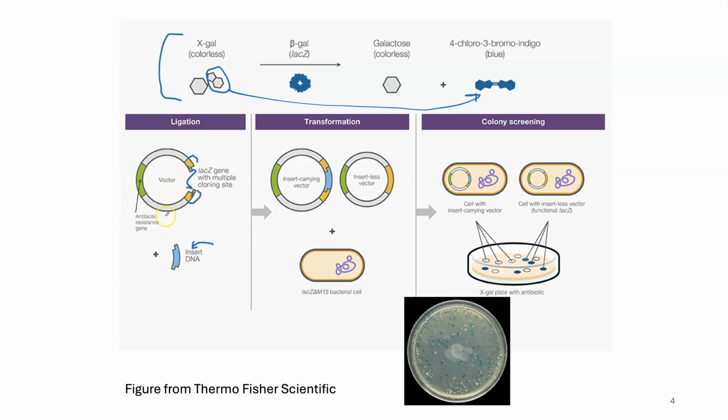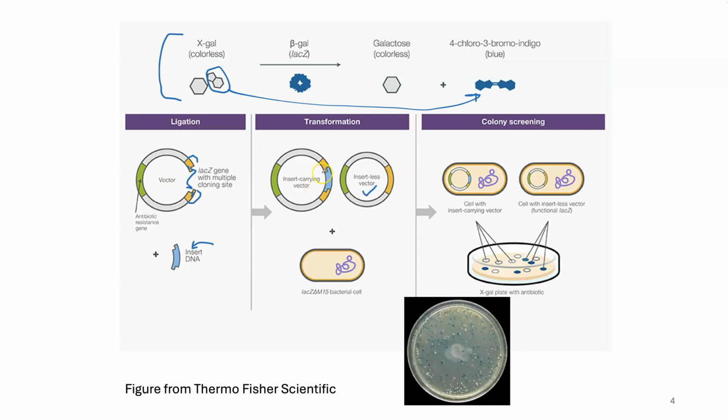And if you've cut it with a restriction enzyme, the enzyme isn't going to cut every single molecule in the reaction. It'll cut most of them, but there might still be some molecules that haven't been cut. So there will be a certain proportion in your reaction of vector plasmid that doesn't have the DNA you're trying to clone.